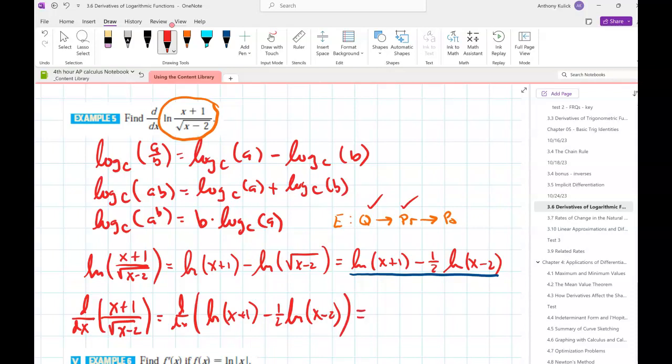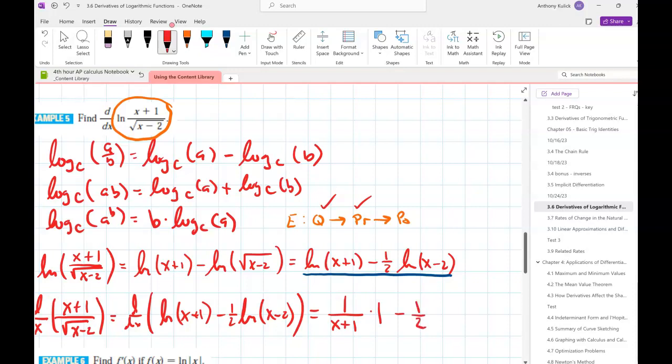So when I do the derivative of the natural log of x plus 1, what do I get there? Good. So I have 1 over x plus 1, but it's a chain rule, so I also have times the derivative of the inside, which is the derivative of x plus 1, so 1.